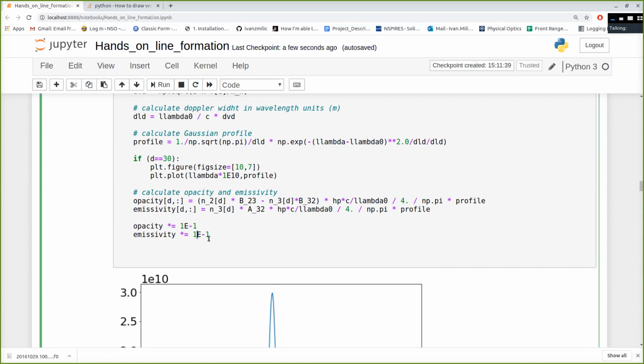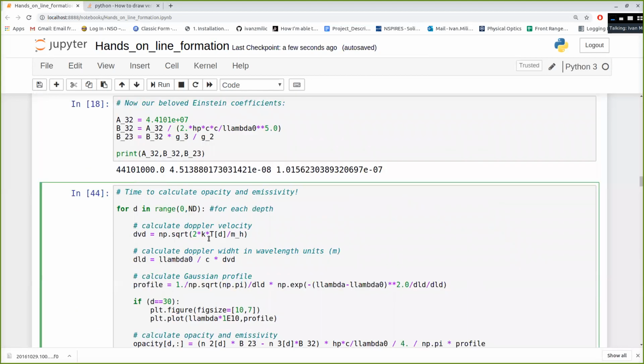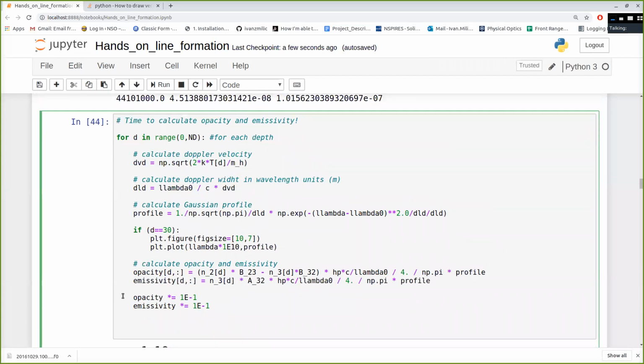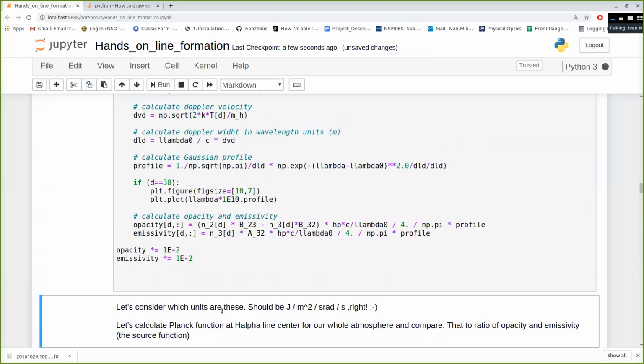Oh, but then I need to... Oh, and yeah, this needs to be... sorry, I did this accidentally more than once. It should be here. I don't like indentation.